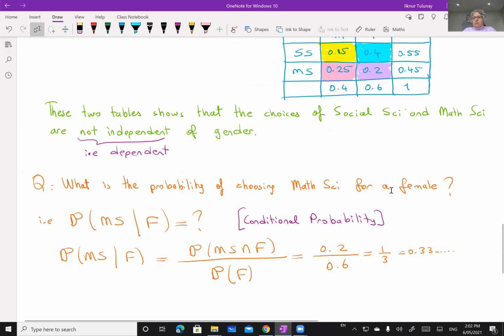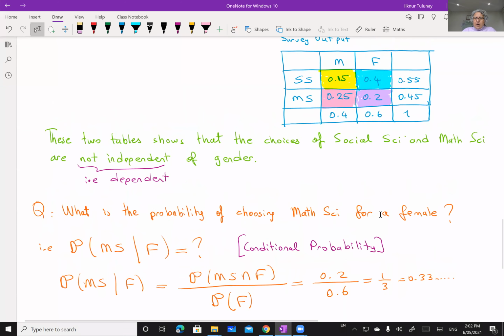So given a female, given the condition, which is the female condition, choosing math is a conditional probability of MS given F. By the formula, we have the probability of MS intersection F divided by the probability of F. From our original survey output, we know that MS intersection F is this number, 0.2.